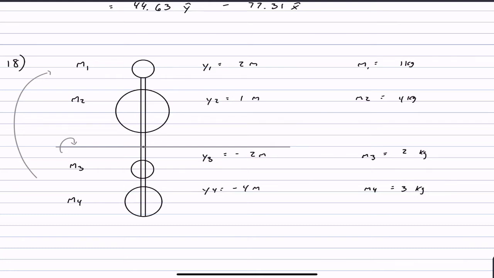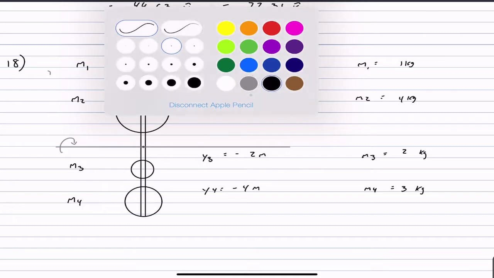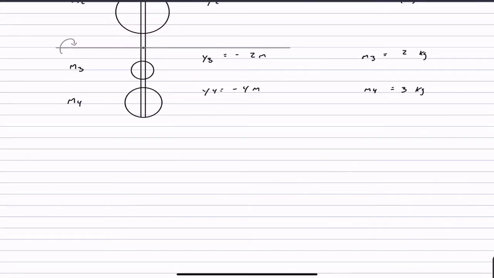Okay. First thing we need to do is sum up the total rotational inertia. So, let's look at what that really means. I is equal to the sum of m of each mass times r squared, right?